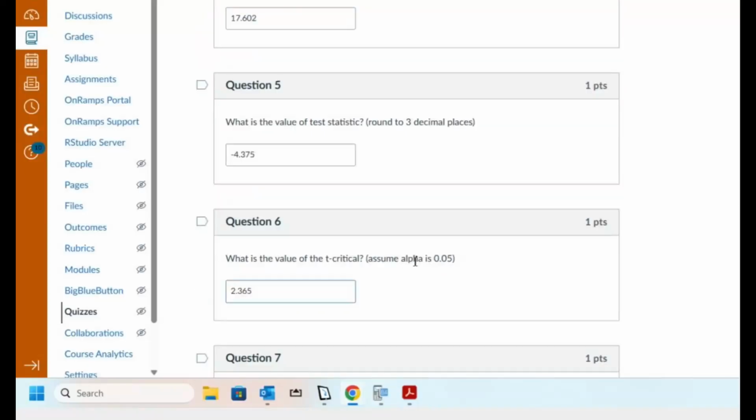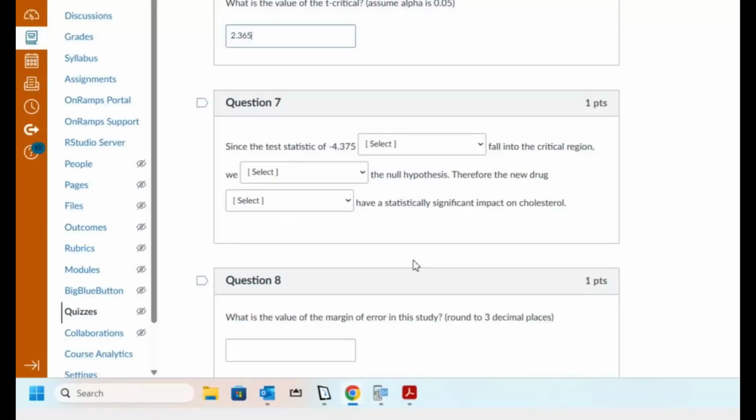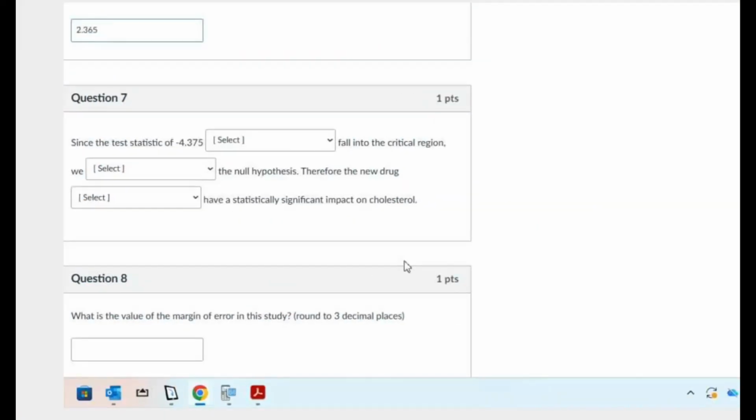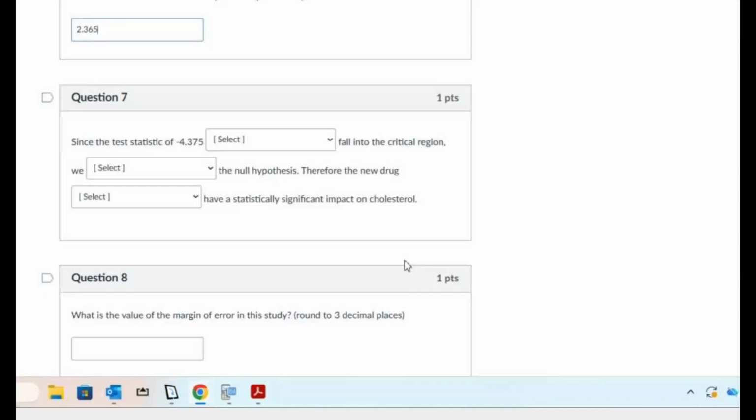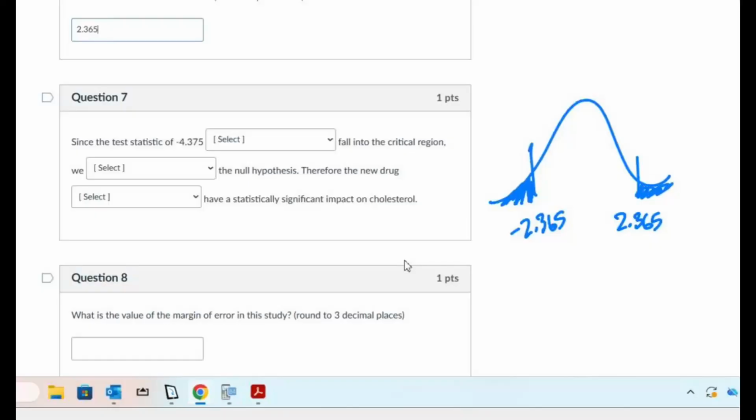Okay. Now we have to figure out if we reject or fail to reject. So I'm going to draw our picture. Our T critical was 2.365 and negative 2.365. And we have our critical region, our shaded region on each side. And then we're testing to see if the test statistic is between our critical values or outside.